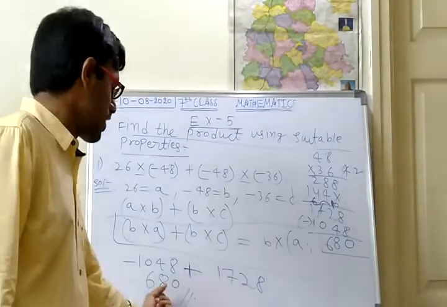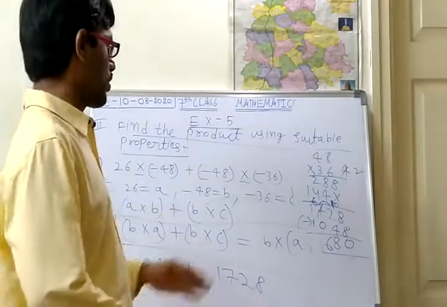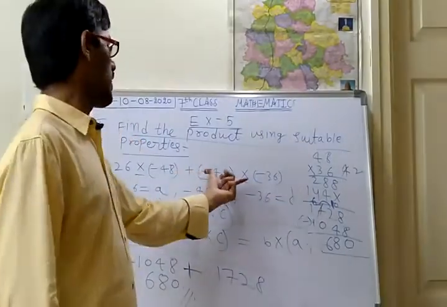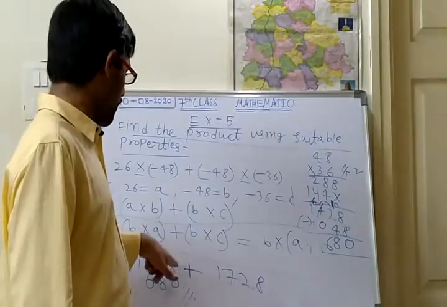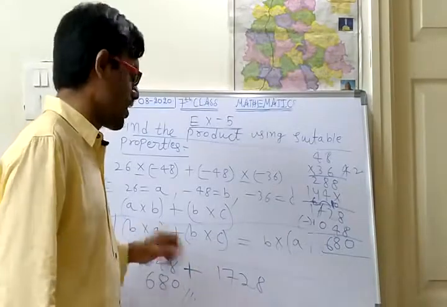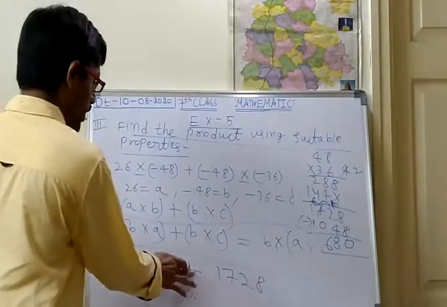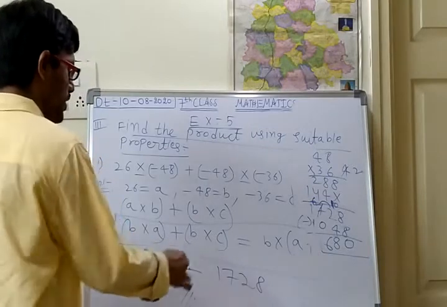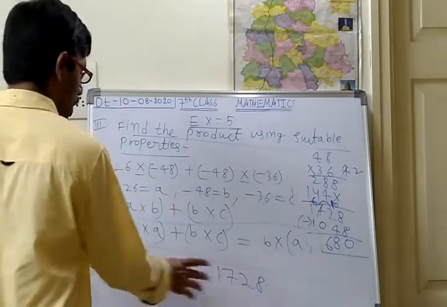So like this you have to do the product. Taking symbols and multiplying symbols is very important. Suppose instead of plus you keep minus, then the total result will be collapsed, because both would be minus only, so you have to add these two.